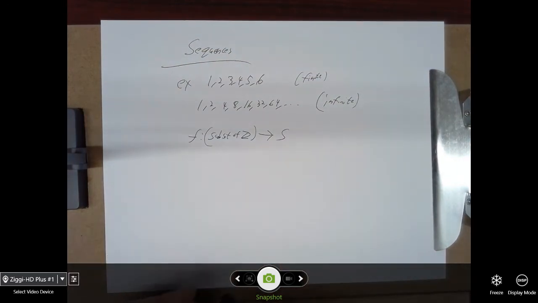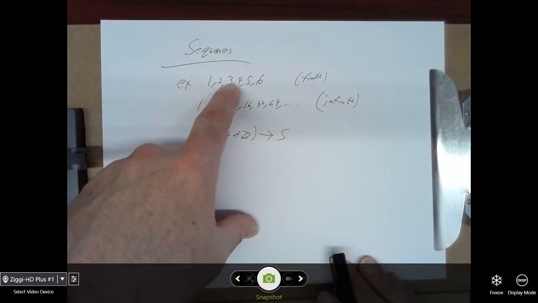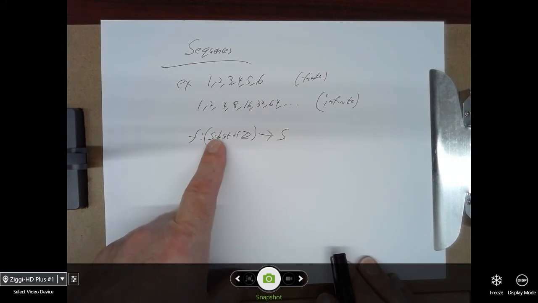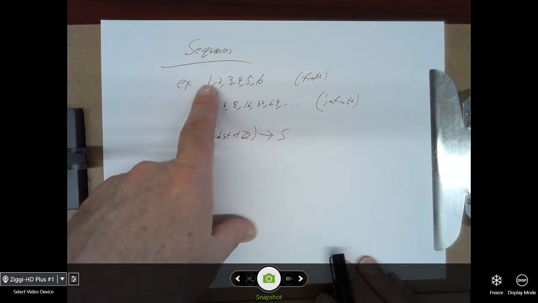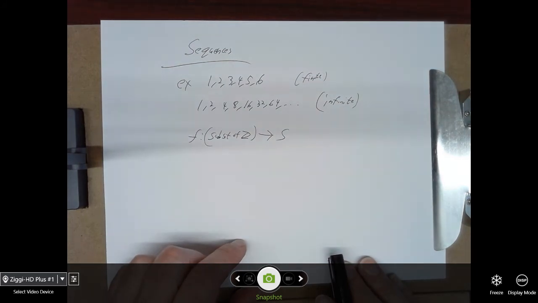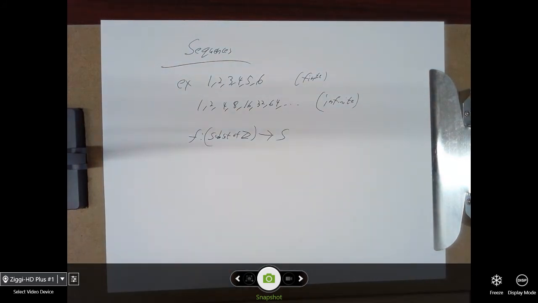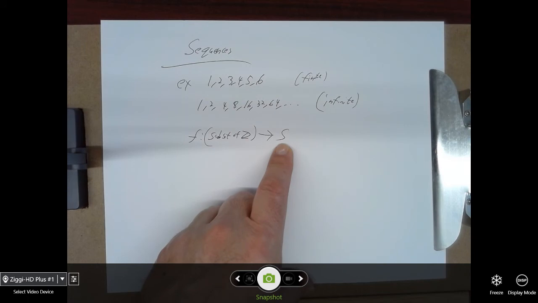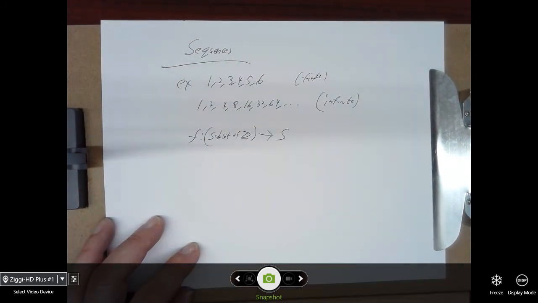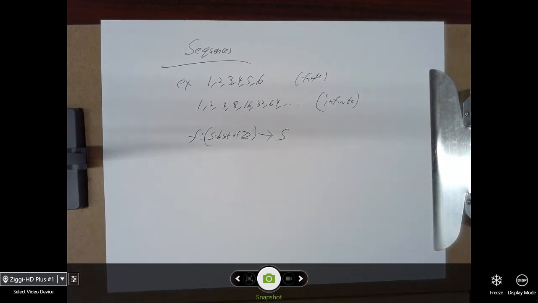When you have a sequence, there's a first term, a second term, a third term, a fourth term. So f can be a function which maps the number 1 to whatever the first term is, and maps the number 2 to whatever the second term is, and so on. So a sequence of elements from S is the same thing as a function from some set of integers to that set S. So we can tie them into each other.